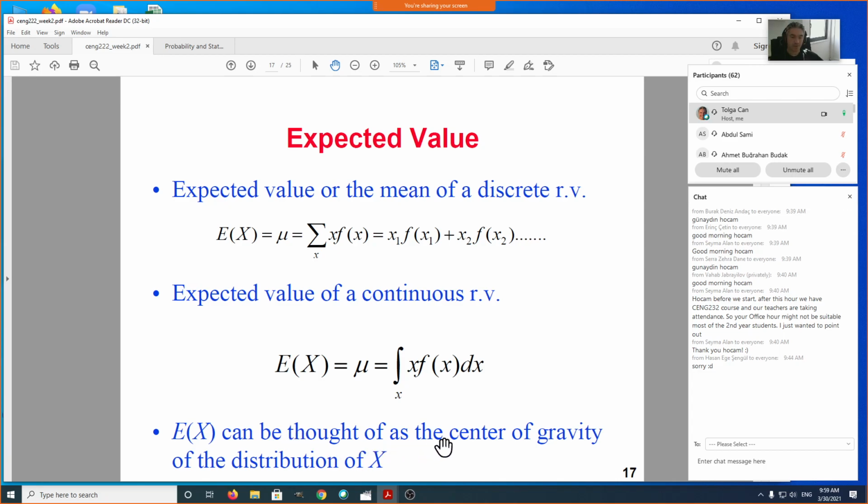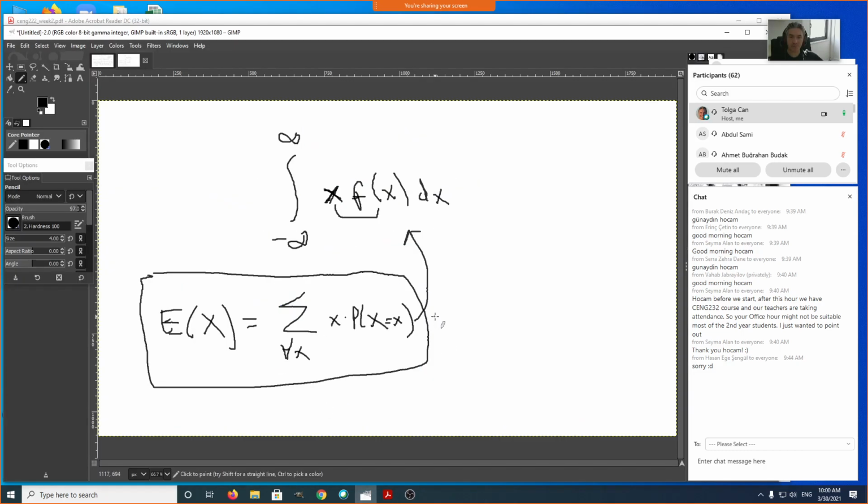And it can be thought of as the center of gravity of the distribution of x. For example, in the continuous case, if this is our probability distribution here, the center of gravity is where, if you want to balance this on a scale, it could be balanced. That's where your mu is.